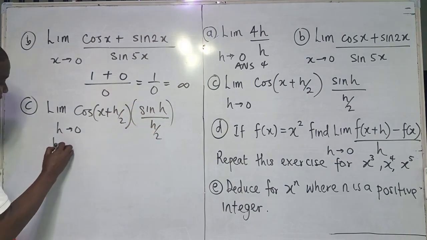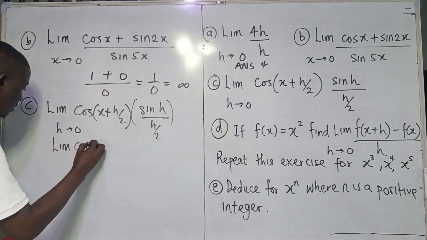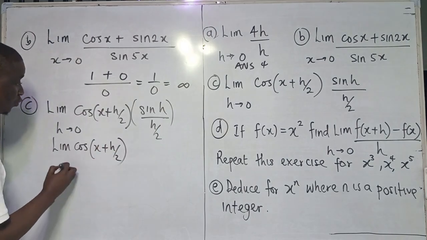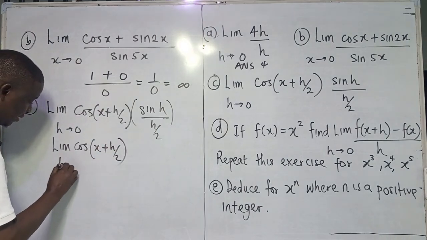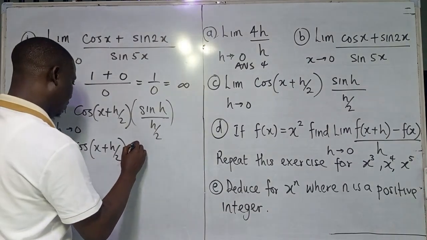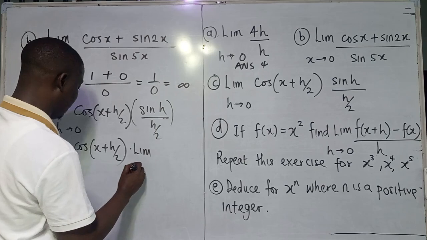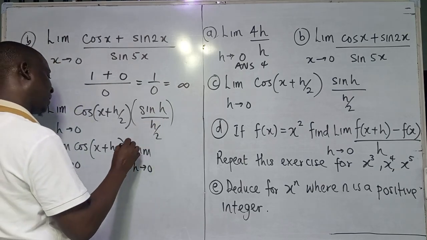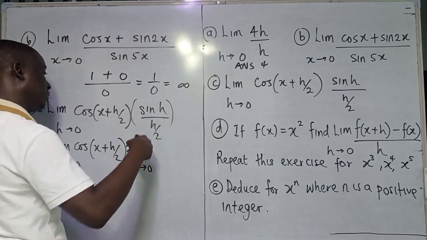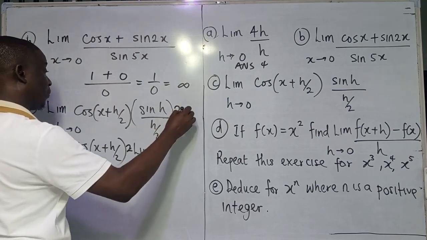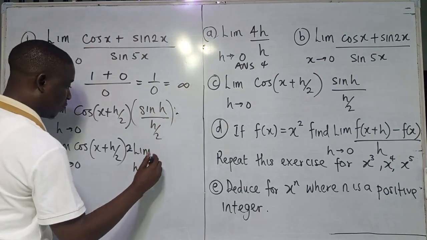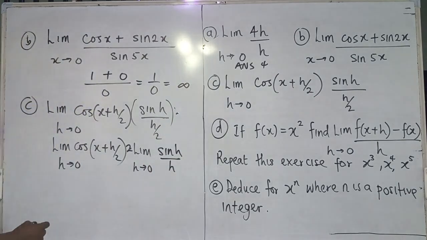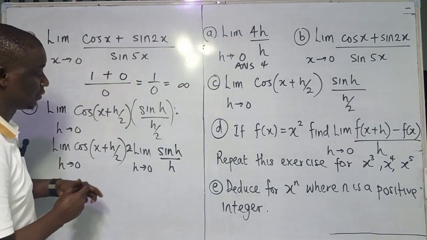You can say limit of cos of x plus h over 2 as h tends to 0, times the limit of sine of h over 2 over h. Now these two can go to the back as 2, because this one will come up to multiply the numerator, so that we have sine h over h.